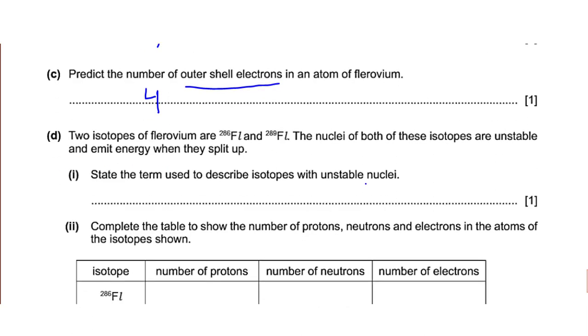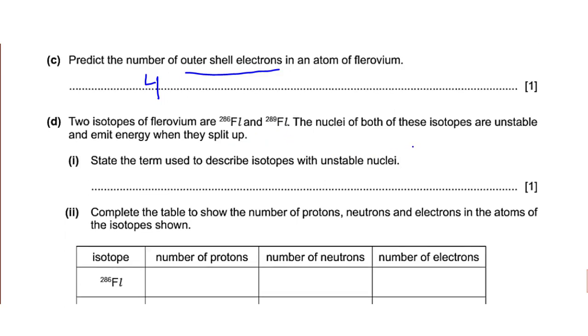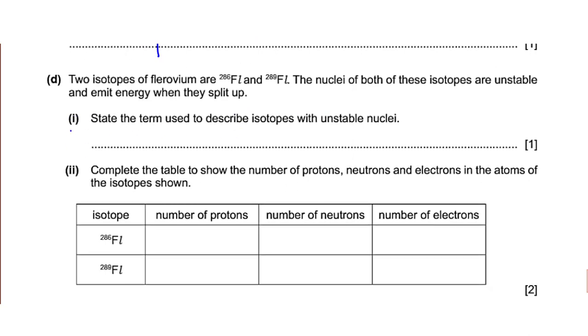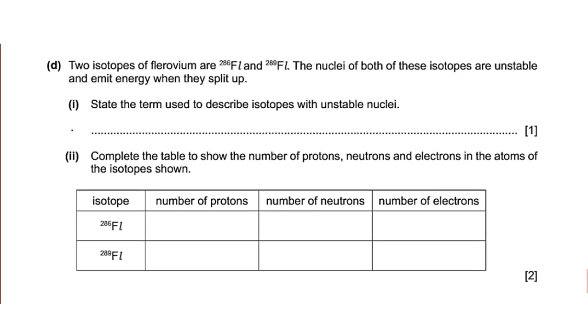Letter D, two isotopes of flerovium are Fl-286 and Fl-289. The nuclei of both of these isotopes are unstable and emit energy when they split up. First one, state the term used to describe isotopes with unstable nuclei.